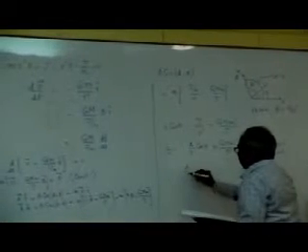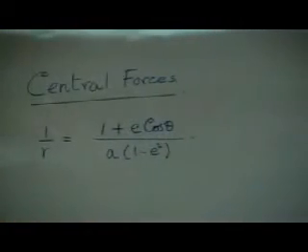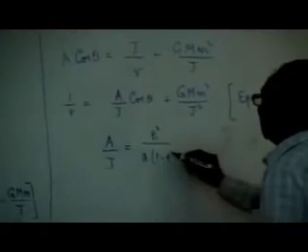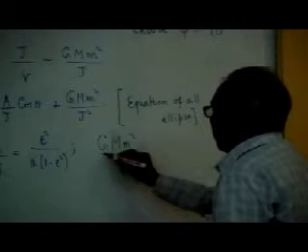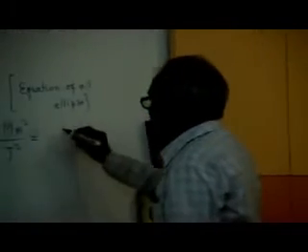So if I do that, from here I can write down a by j is equal to, what is a by j? 1 by a into e squared, 1 minus e squared. And the other one is G M squared by J squared equal to 1 by.